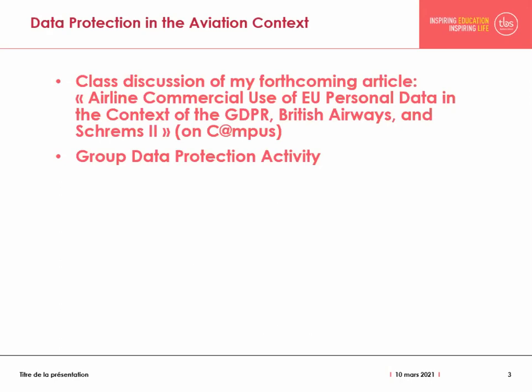What happened in the cases with British Airways in this article? Someone has breached the data and the council has fined British Airways. I think it was 20 million pounds, the eventual fine. Although the first notice that the Data Protection Authority, the supervisory authority of the United Kingdom, the ICO, proposed was a fine of 180 million or so pounds, which is quite a large amount of money when you think about it.